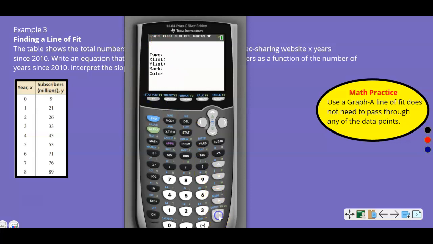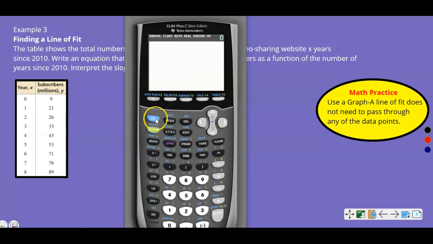I'll hit enter. Right now it's off, so I'll click enter again and click On, and you can see it's lit up. That is my scatter plot, pulling from list 1 and list 2. It's going to show little squares on my graph in blue. That all works for me, so I'll hit enter and second quit.